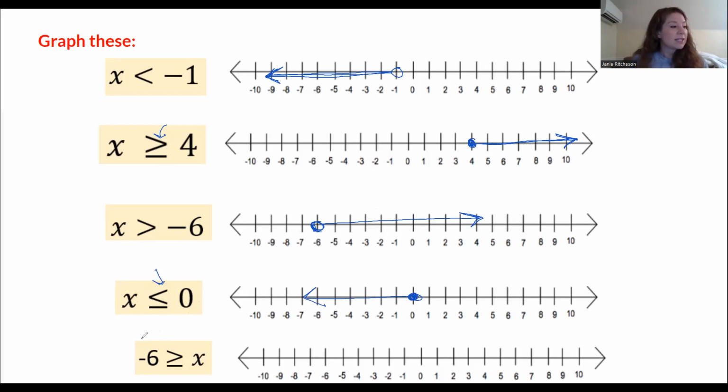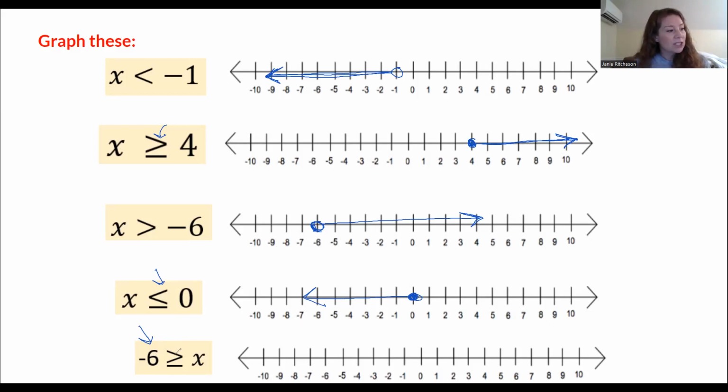Now let's look at the last one. Just remember, if the variable is not on the left, the arrow and your inequality sign will not match. The first thing I do if I see a problem like this is I flip the whole thing around.